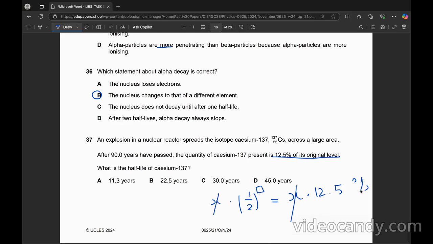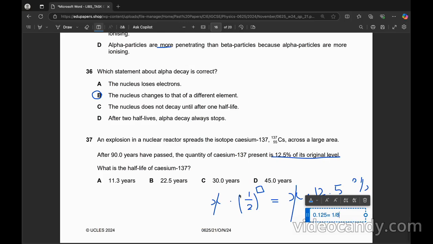Now, if you convert this percentage into an actual number, then you get 0.125. And that 0.125 is actually equal to 1/8. If you don't believe that, you can put that number in a calculator and it will show you the fraction.